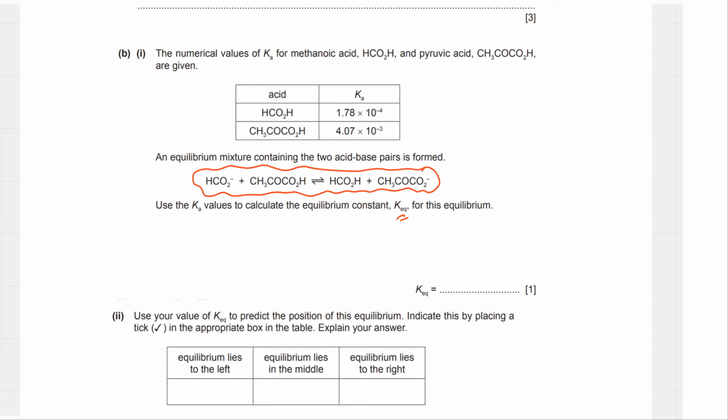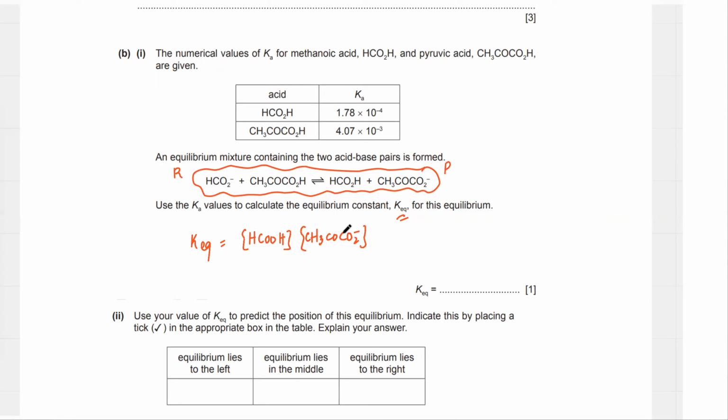So write down the expression: K equilibrium is products over reactants. Your products are the HCOOH concentration and the other one, CH3COCO2 minus 1.